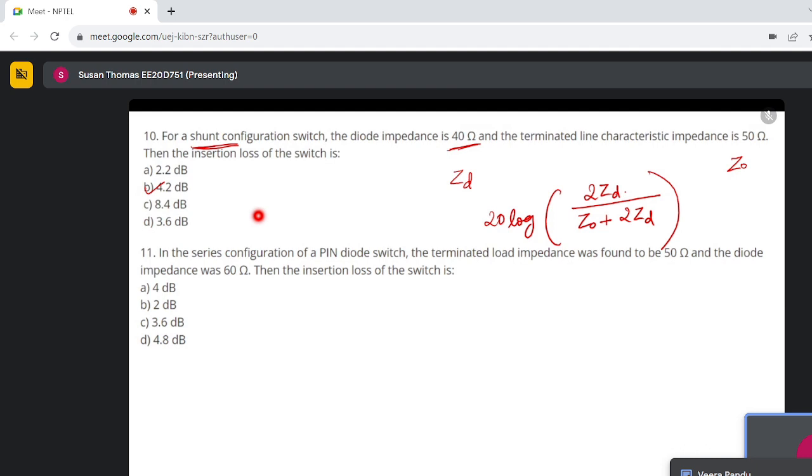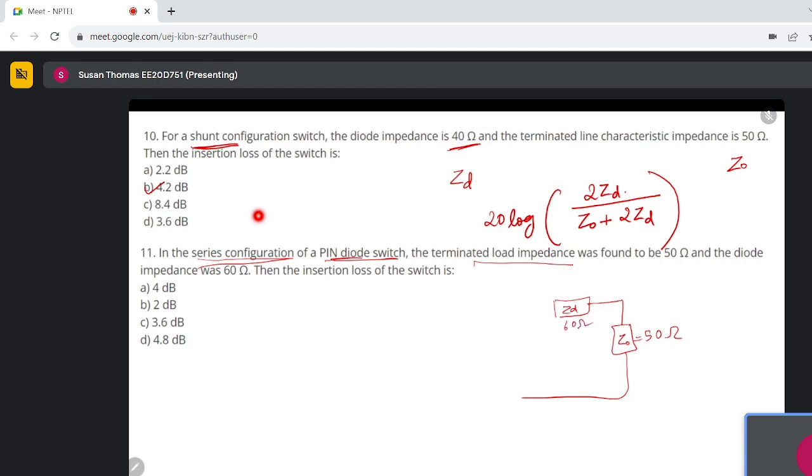Now coming to the next question: a series configuration pin diode switch for which the terminated load impedance. So you have a ZD and then you are terminating in Z0 equal to 50 ohm, and the diode impedance value is 60 ohm. What is the insertion loss?